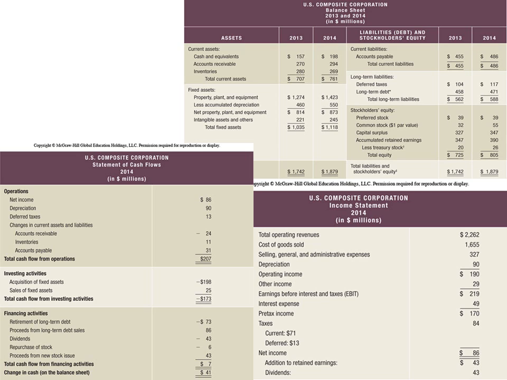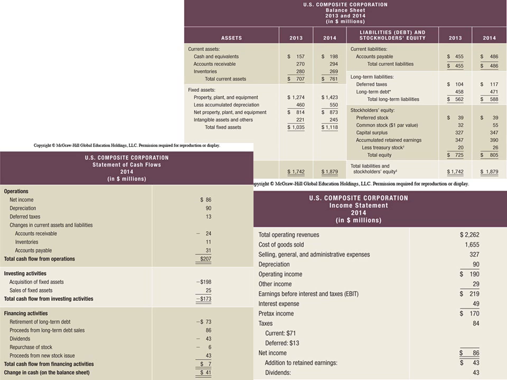Now, the next part gets a little trickier, and that is looking at the cash impacts of the changes in our current assets and liabilities. Anytime you increase a current asset other than cash, it decreases cash. For example, if I go out and buy $11 million worth of inventory to put on the shelf, that's going to consume $11 million in cash.